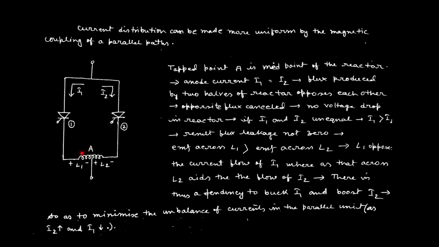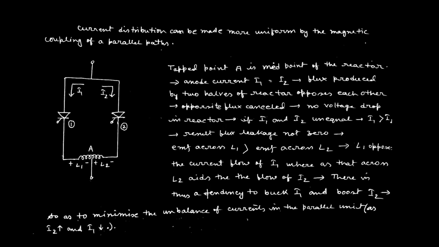That means I1 is opposed by the inductive effect of L1 and I2 is boosted by the inductive effect of L2. Additionally, what happens? The magnitudes of both currents attain the same value.